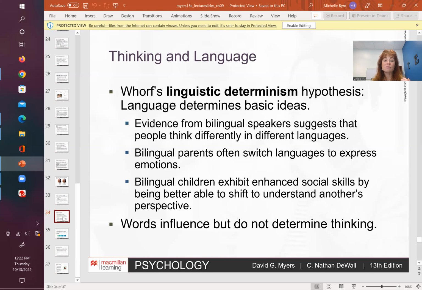Bilingual speakers often switch languages to express emotions, and normally they default to the first language they learned.